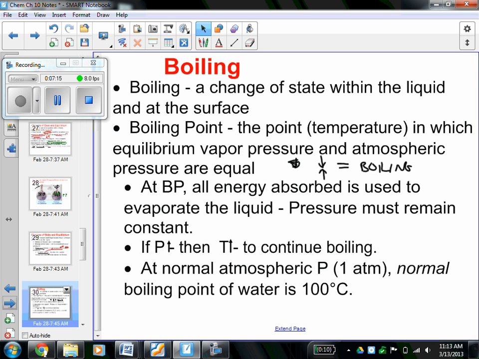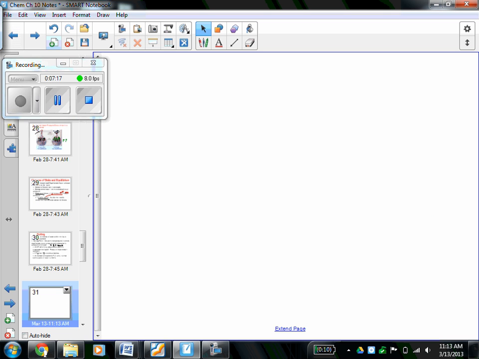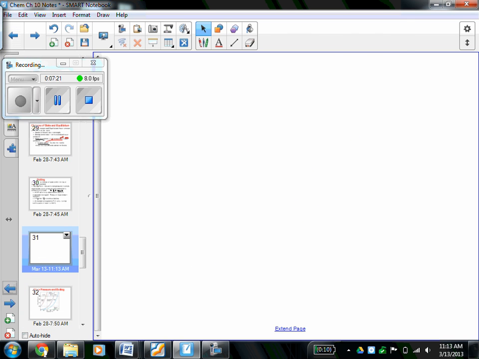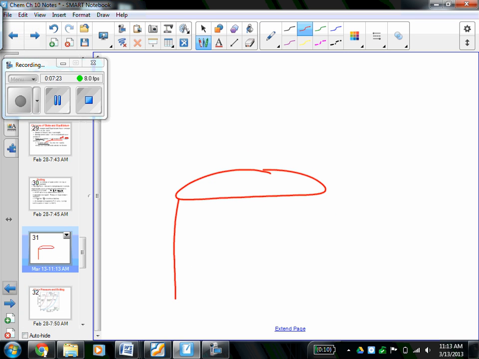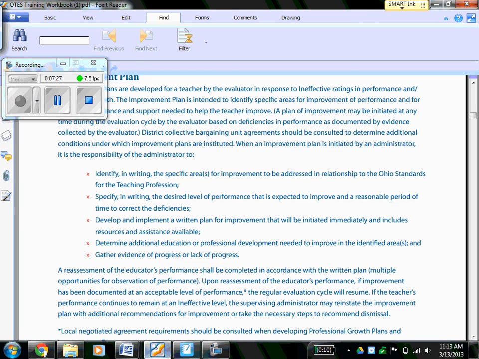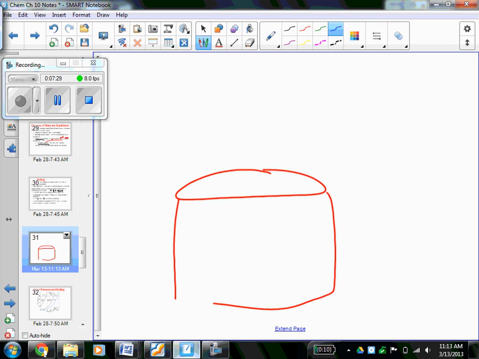Okay, let me give you a fresh slide and let me discuss this. All right, if I have a liquid in a beaker, I have 1 atmosphere of pressure pushing down on this liquid. That's standard atmospheric pressure, which we'll talk about in Chapter 11.